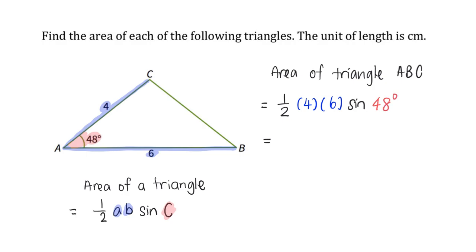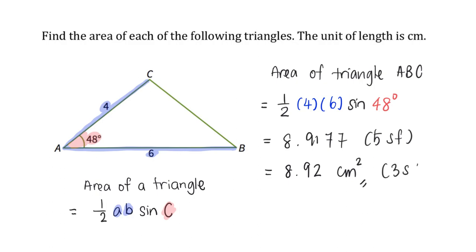And this will give me a value of 8.9177 to about 5 significant figures, followed by 3 significant figures, 8.92, in this case, cm square. And we are done with this question, and let's move on to the next question.